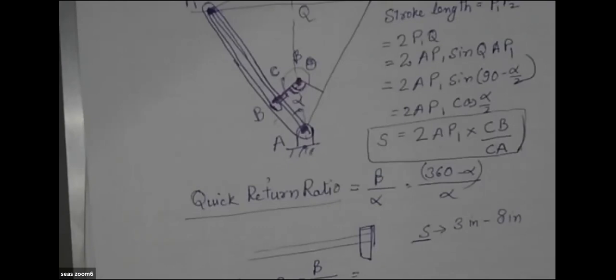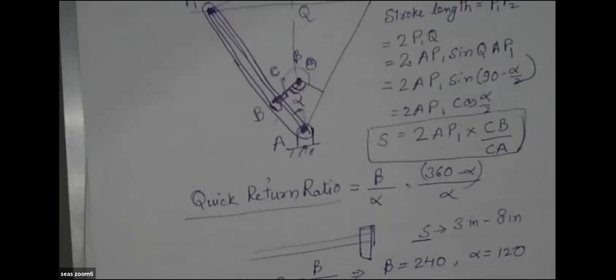Okay, beta is equal to 2 alpha, and we know that the total angle is 360, which actually means that beta should be 240 and alpha should be 120, है ना.